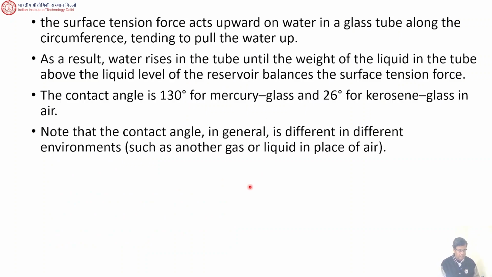So what is happening is water is drawn up because there are forces. There are two kinds of forces that we can think of. If you think of a liquid surface like this, then liquid molecules have forces amongst themselves.